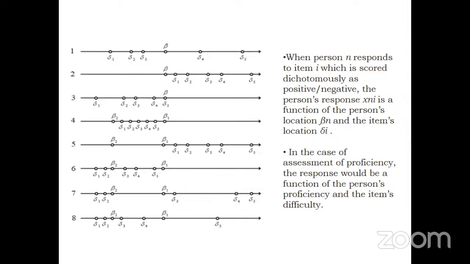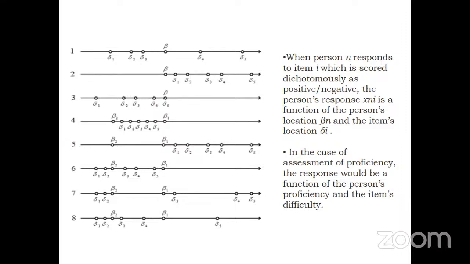Now, when person n responds to item i, which is scored dichotomously as positive or negative, so the person gets a score of 0 or 1, the person's response X_ni is a function of the person's location beta n and the item's location delta i. What does it mean? Let us consider the first example. You are seeing the continuum and there are a number of items and one person.